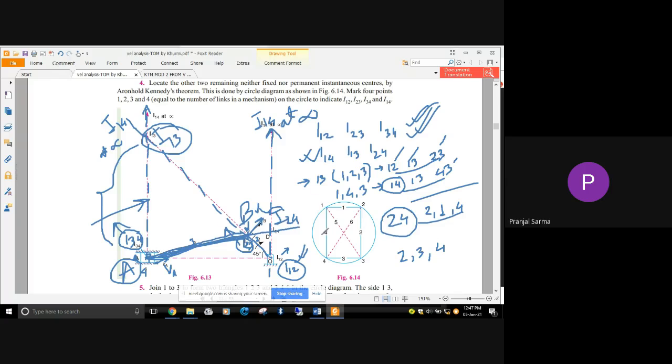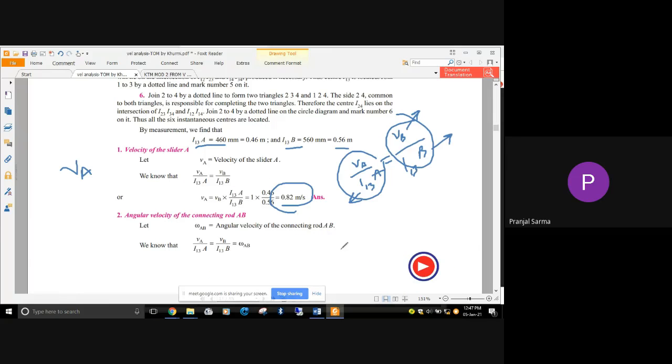Now what can I write? Omega of AB: V equal to R omega, so omega equal to V by R. This ratio is just like omega, and the length I13A is like R, as in V equal to R omega.